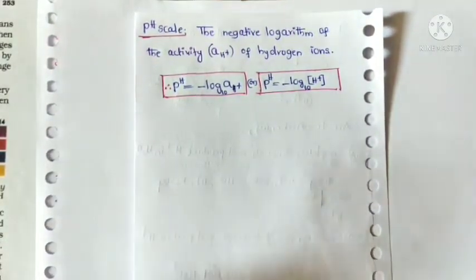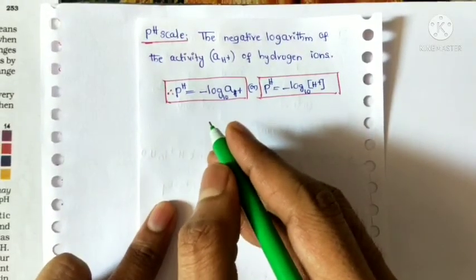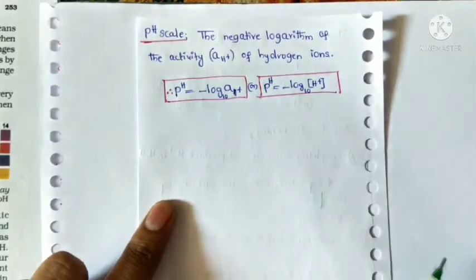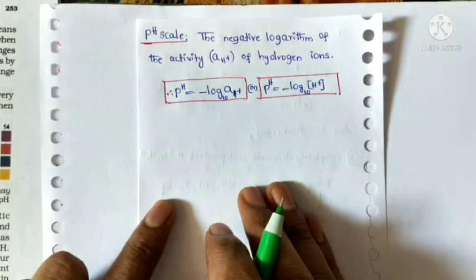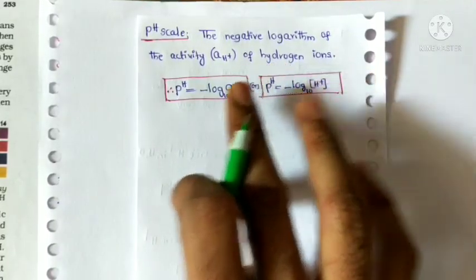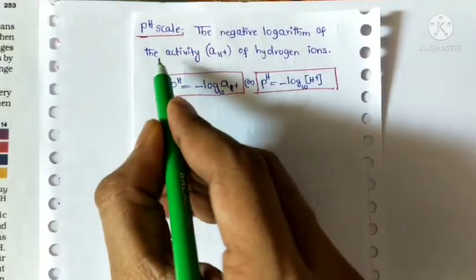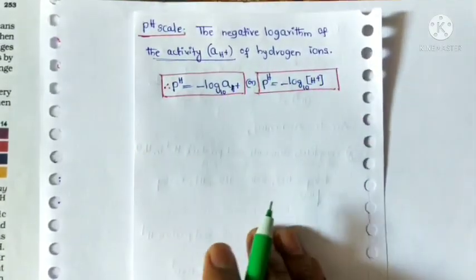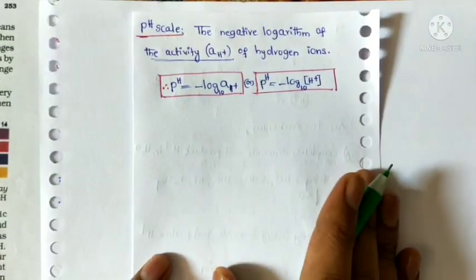And very important: the activity of hydronium ions does not have any units.